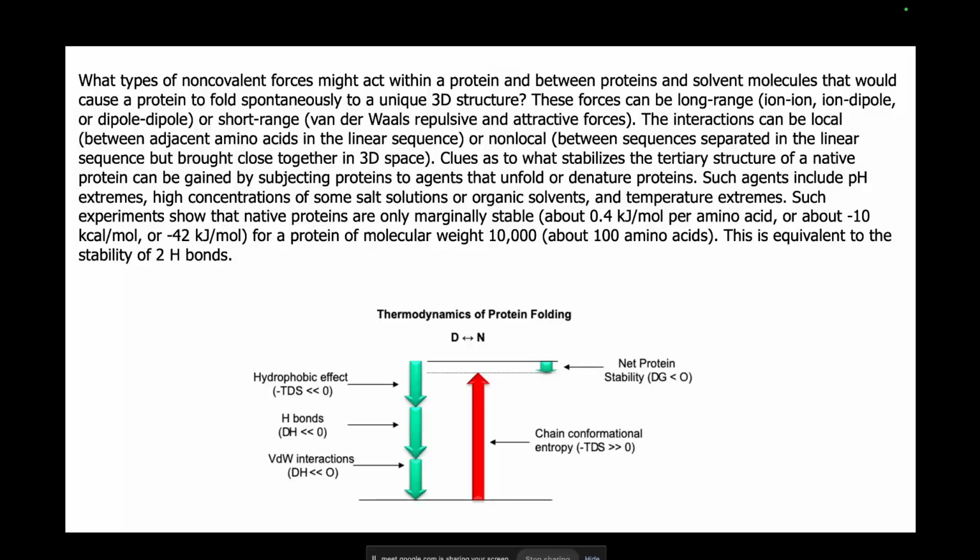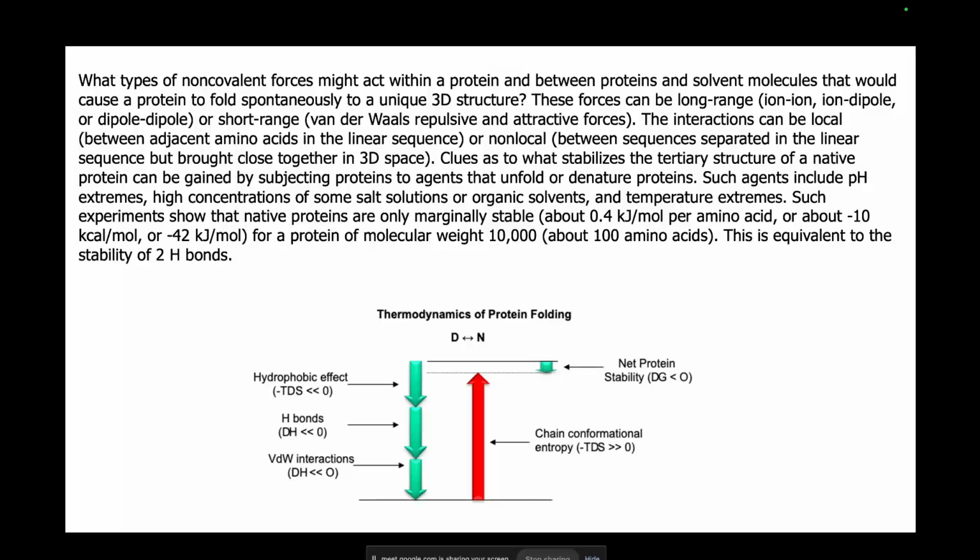It is high in the disordered or unfolded state, and it decreases when the chain folds or is restricted. When protein folding happens, it is almost equal to the delta G produced by the hydrophobic effect, the hydrogen bonding effect, and the van der Waals effect.